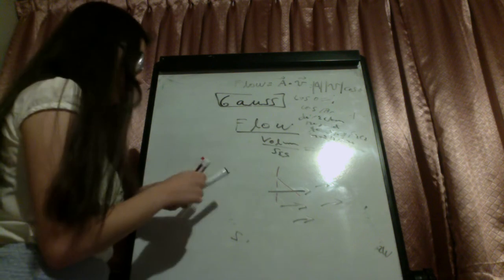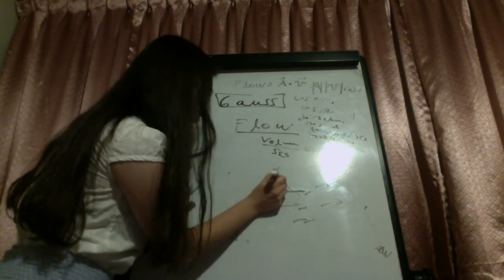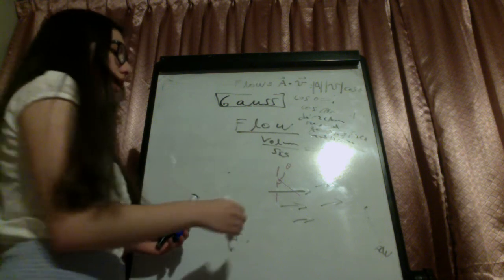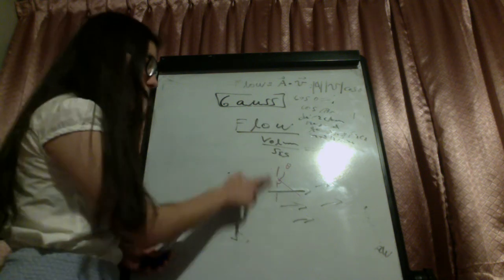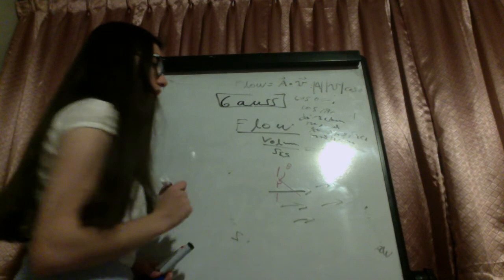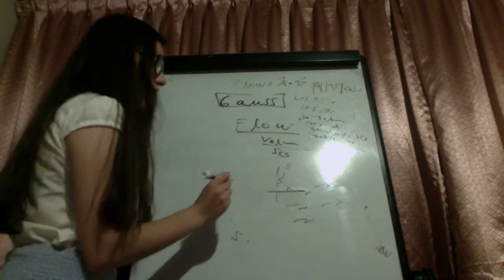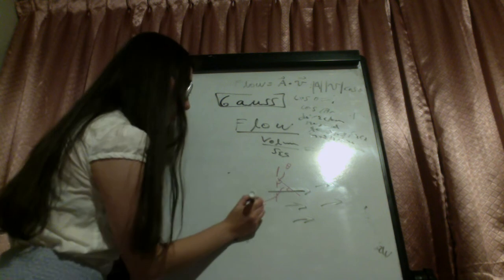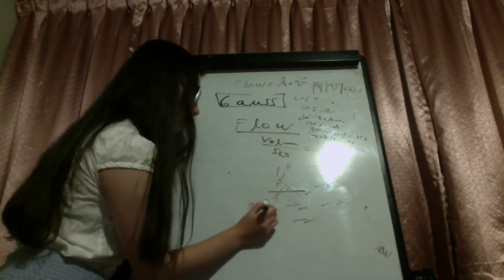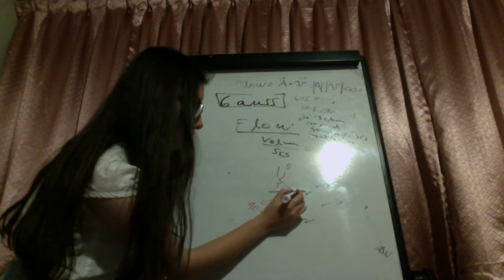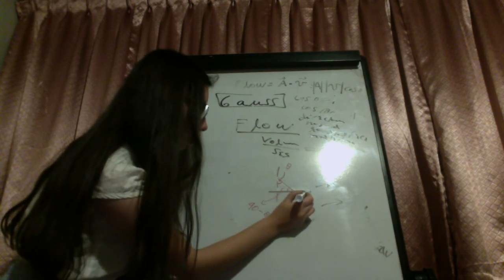I know that this angle is the angle that makes the area or the surface with the perpendicular line. This angle I will call theta. So this angle is 90 minus theta. Here, this is the opposite angle, so it's the same.